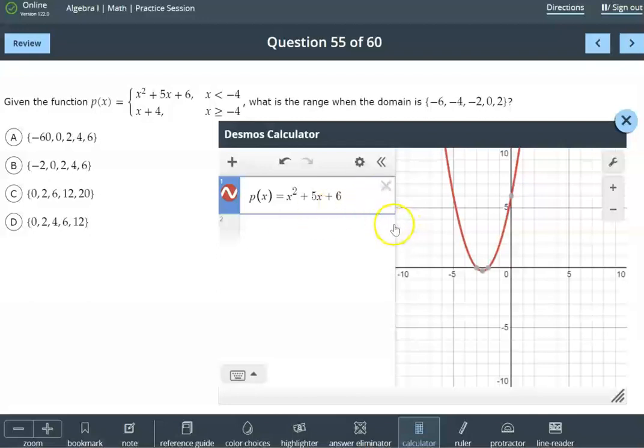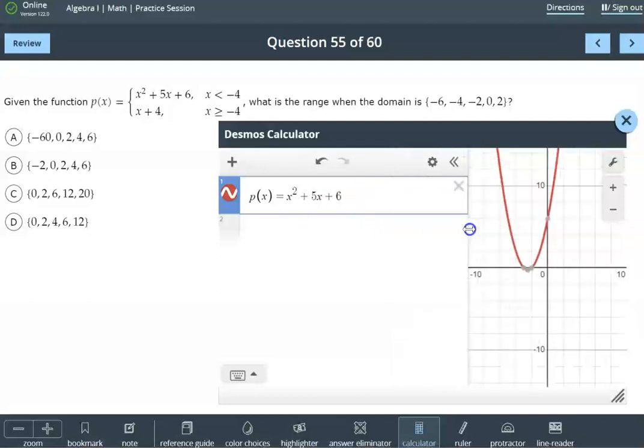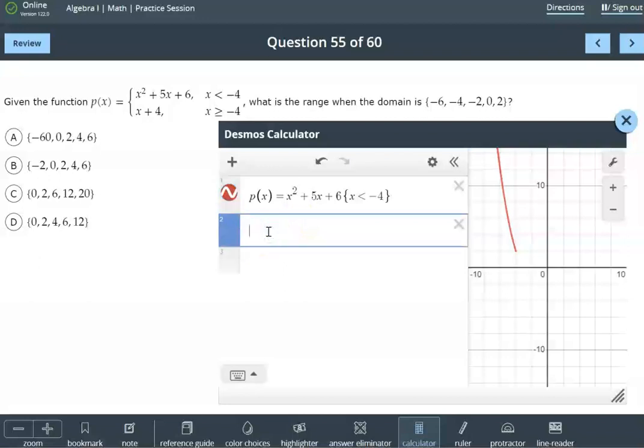So let me move this over. I really don't even need the graph to do this, by the way. Let's go ahead and shift and use curly brackets, just like they do here for domain. Curly brackets, type x less than negative 4, close curly brackets. And when you do that, you're only going to be looking at p of x with lowercase to the left of negative 4. All right, now for the other piece, use a capital P.